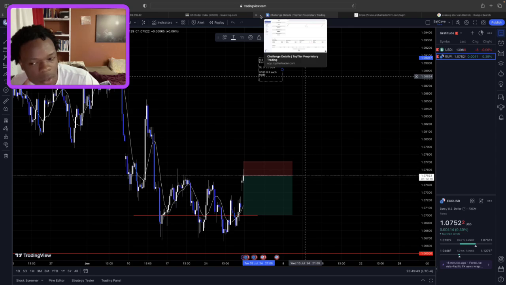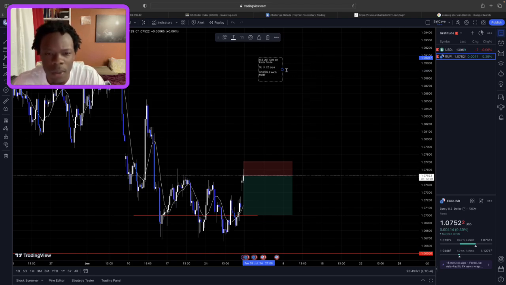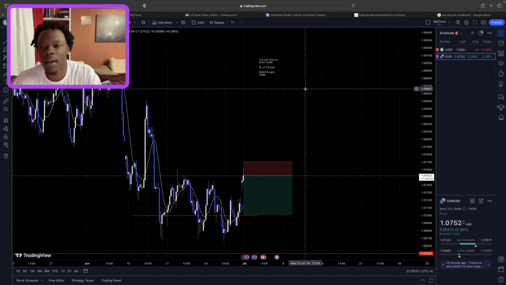So possibly taking one trade a day, not really risking too much. So my risk to reward would essentially be $50 being risked at each trade. So with that being said, that's essentially the trade that I'll be taking going forward.